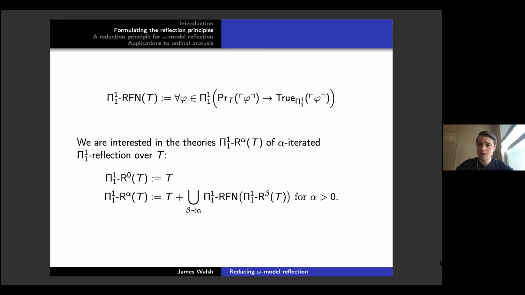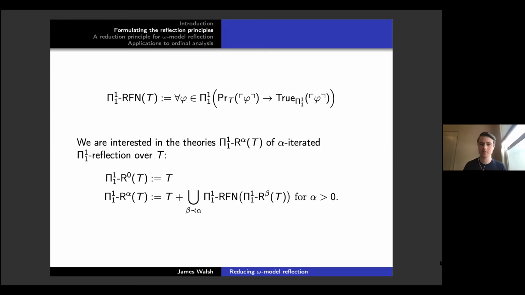So what is this? I'm going to give an informal characterization first. So 0 iterated pi11 reflection over t is just the theory t. And for alpha greater than 0, alpha iterated pi11 reflection over t is t, and then you add in the pi11 reflection principle for all the lower iterates.